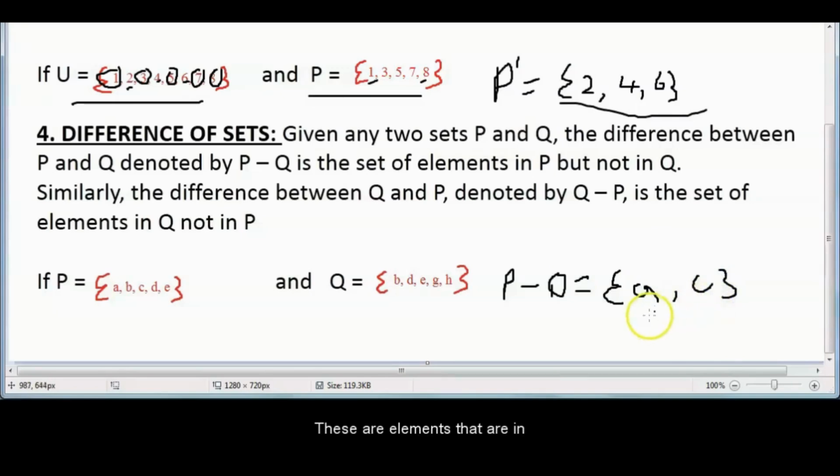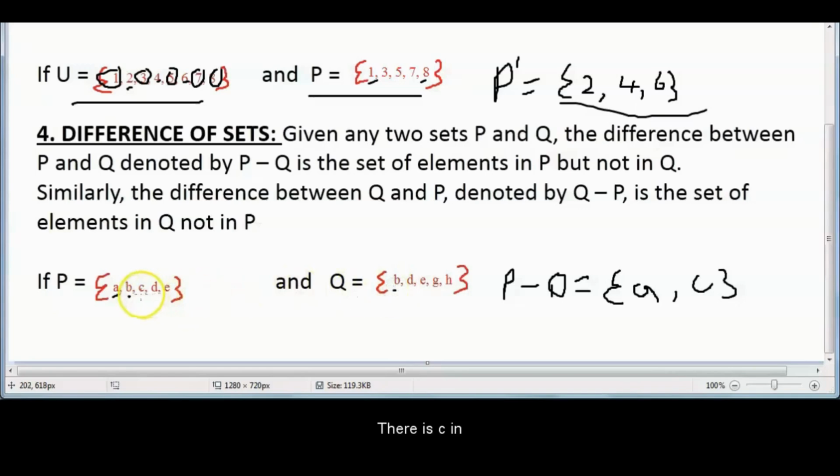These are elements that are in P but are not in Q. There is A in P, but A is absent in Q. There is B in P and there is B in Q. We don't pick that one.